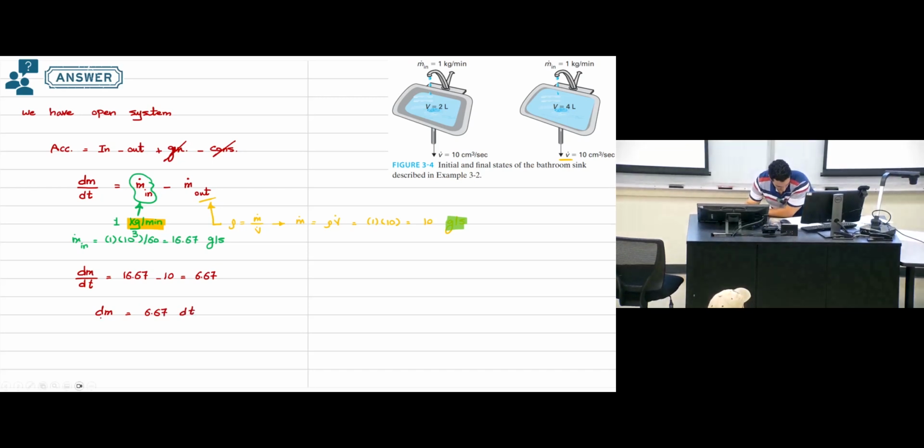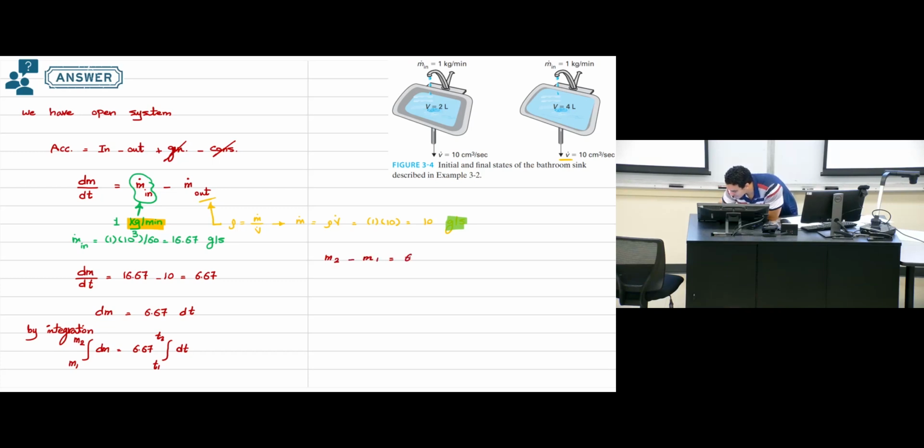Then by integration, the integral of dm from initial mass to final mass equals 6.67 times the integral of dt from t1 to t2. So we have m2 minus m1 equals 6.67 delta t. This is what I need to calculate.